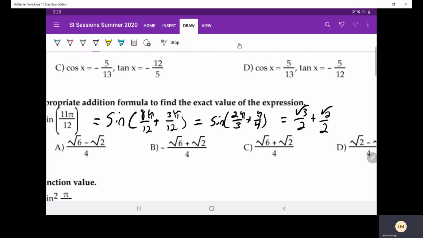I'm gonna put it in the calculator. I don't understand why he's doing an algebra review over this.